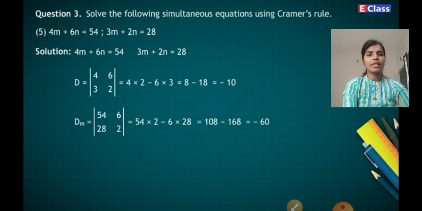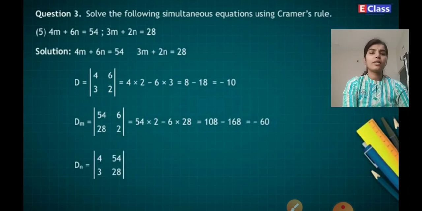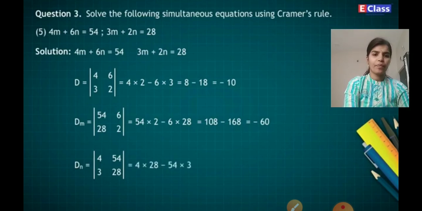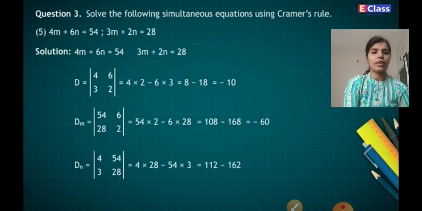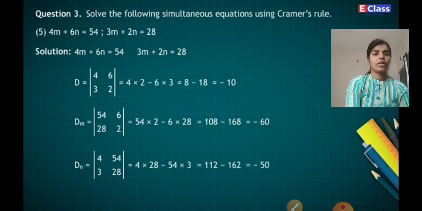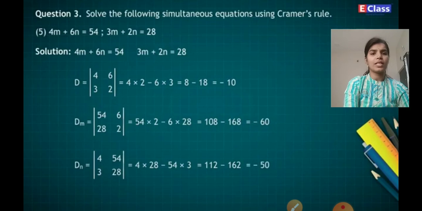Then we find Dn. Here 4, 6 and 54, 28. Then again cross multiply: 4 into 28 minus 6 into 54. In Dn you just replace b1, b2 by c1, c2. Then 4 into 28 is 112 and 54 into 6 is 324. Then your value of Dn is minus 50.